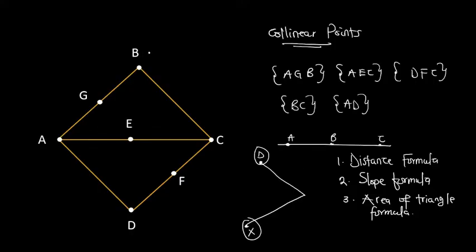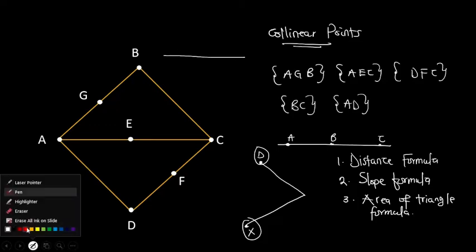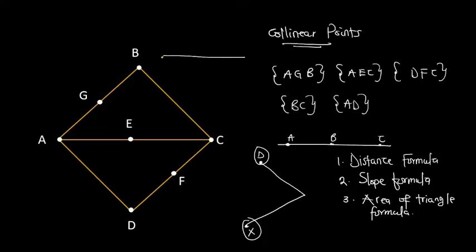Now, for the distance formula, let's say we have points A, B, and C on a straight line. We have a point here A, another point here B, and another point here C, and these points A, B, and C are said to be collinear.